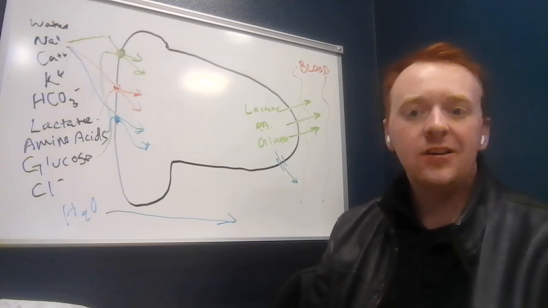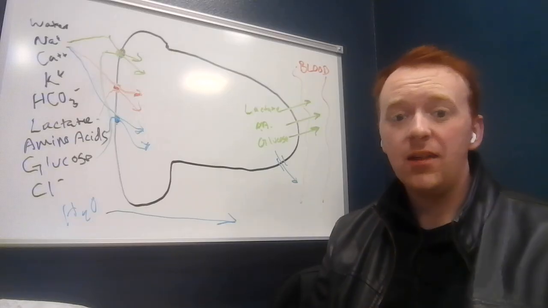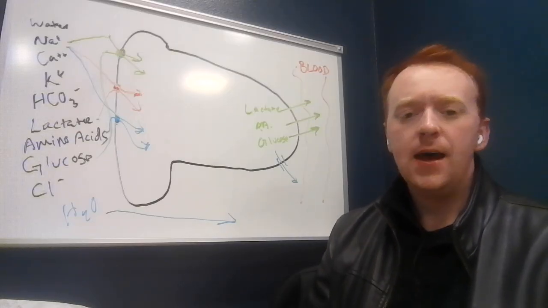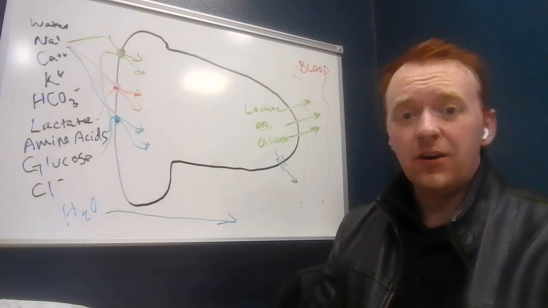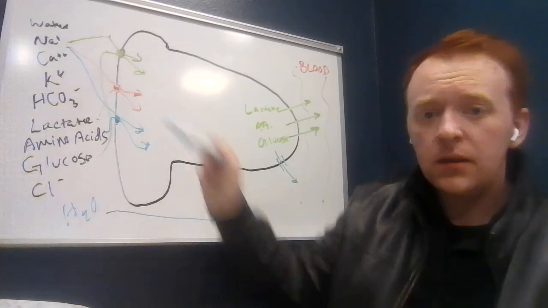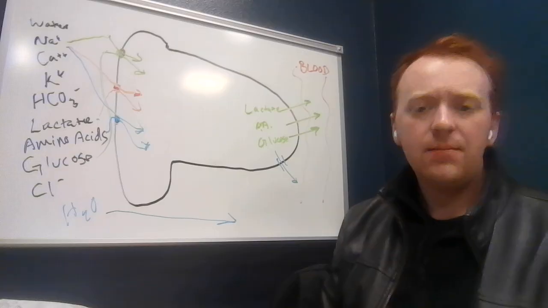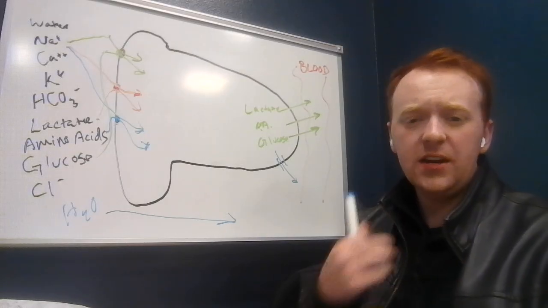As sodium and other solutes leave the tubule, water follows by osmosis. We call that obligatory water reabsorption, I believe. And then chloride and potassium follow along passively because of electrical and concentration gradients.